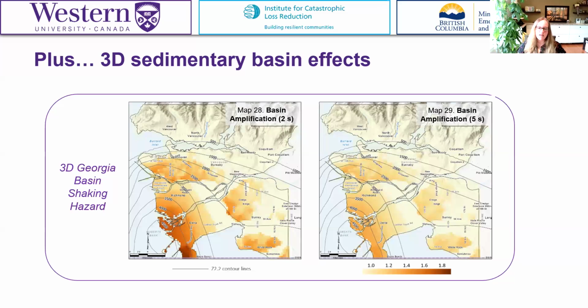This map is showing us where shaking intensities will be greater due to the deep Georgia Basin, but also in the southern uplands of Vancouver, Burnaby, Surrey, and White Rock. Those are stiffer ground conditions and wouldn't normally have been predicted as having high amplitudes at long periods, but they're inside of a basin, and we have to add back that knowledge that these stiff sites are sitting inside of a basin.